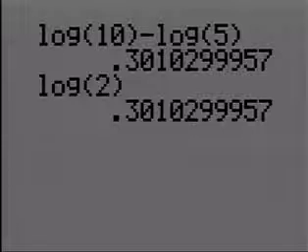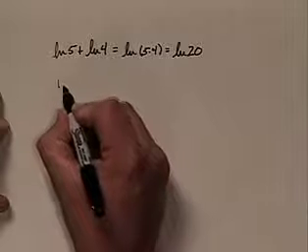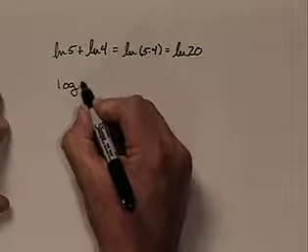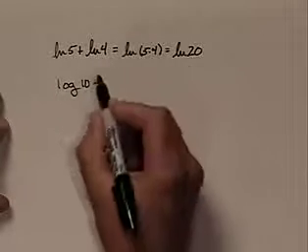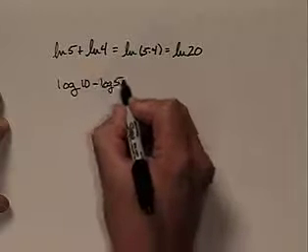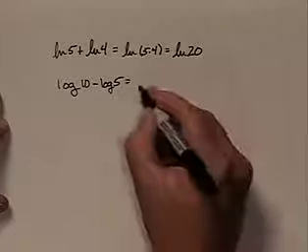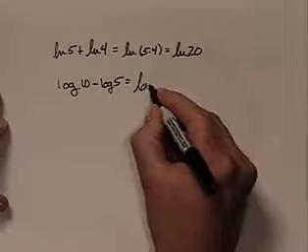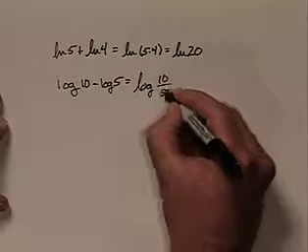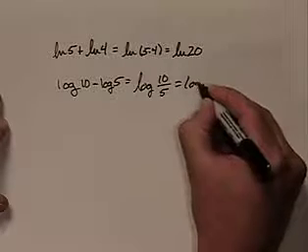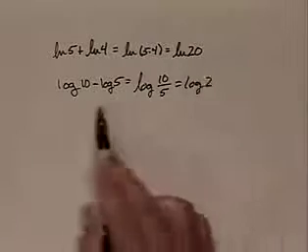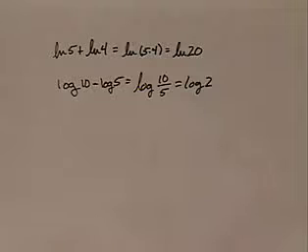So again, it would appear that these two expressions are equal. Let's see if we can show this using the properties of logarithms. We'll start off with the log of 10 minus the log of 5. Now, properties of logarithms tell us that we can rewrite this as the log of 10 divided by 5, which is the log of 2. So again, we can show symbolically that these two are equal as well.